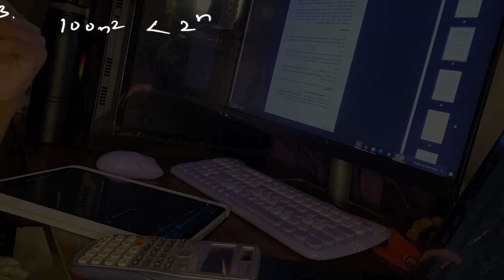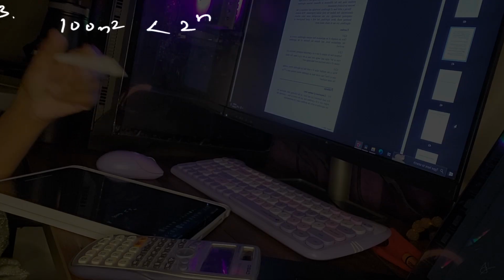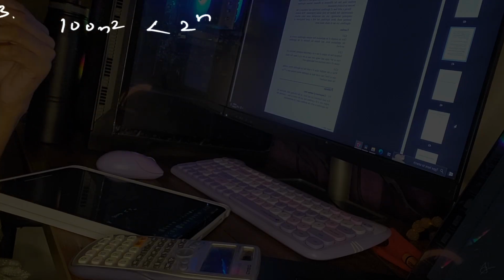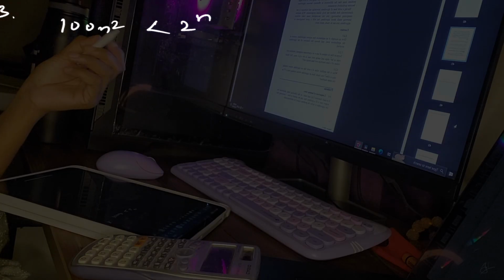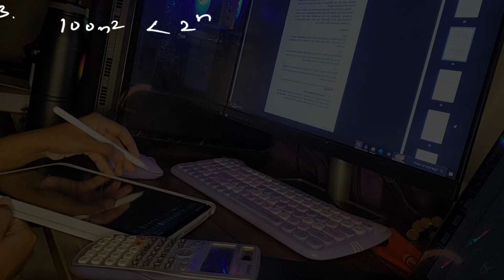I could solve it more, but then again I'll have to solve the logs if I take log on both sides.